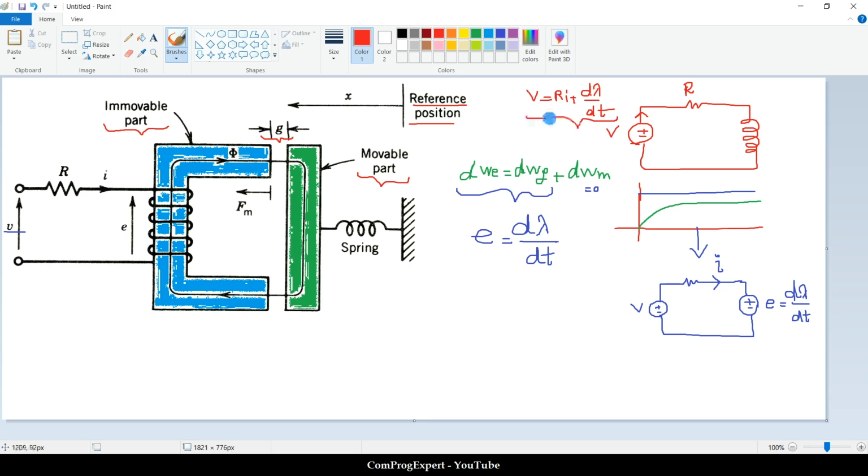Okay, so if we multiply both sides of this equation by i, Vi is equal to Ri squared plus i d lambda dt. This is the electrical energy supplied by the source minus the Ri squared electrical losses that we have.